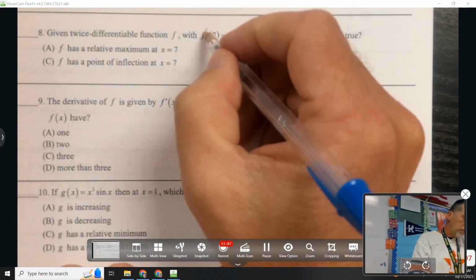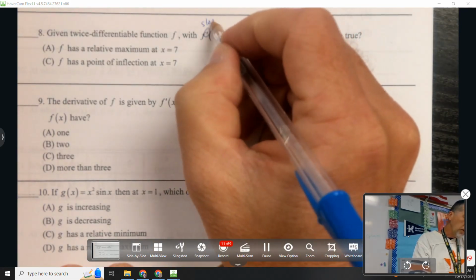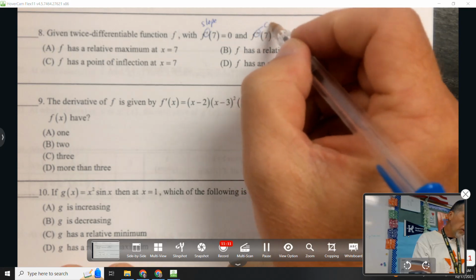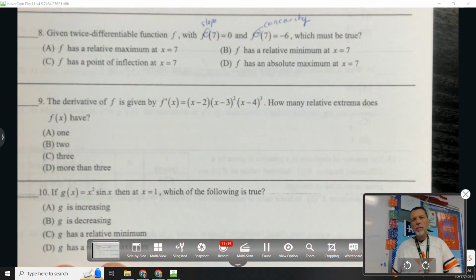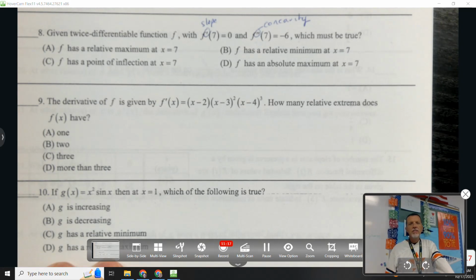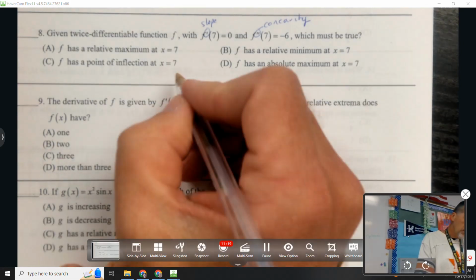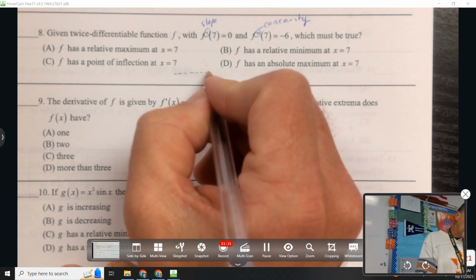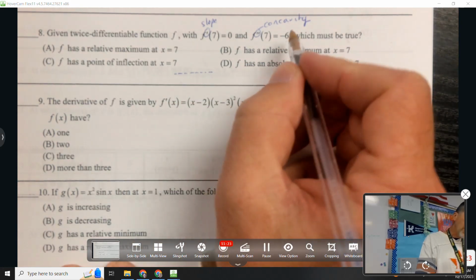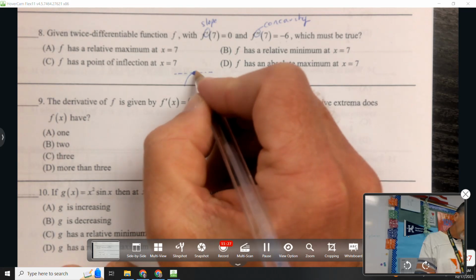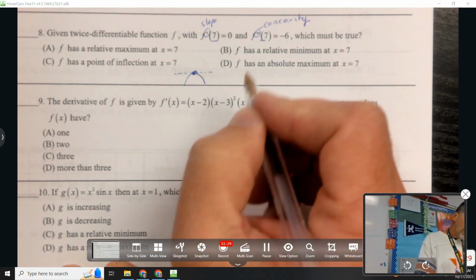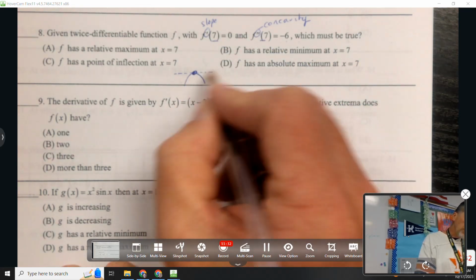Okay, so prime tells me slope, double prime tells me concavity. So if slope is 0, horizontal tangent line, and we're concave down, then that means at x equals 7, there's a relative max.